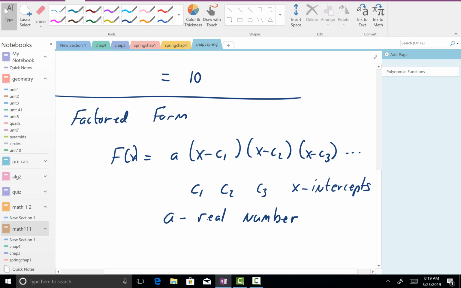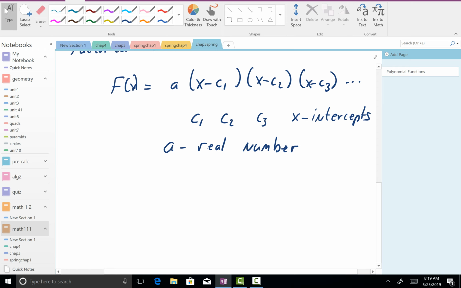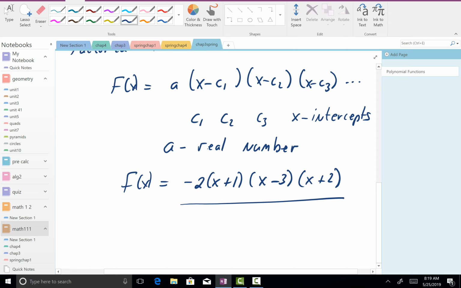The factored form tells us a little bit more about the graph of what this thing looks like. So in other words, if we were given something in factored form, we know a little more about this type of a graph than we would the other one because we know that these are the x-intercepts.